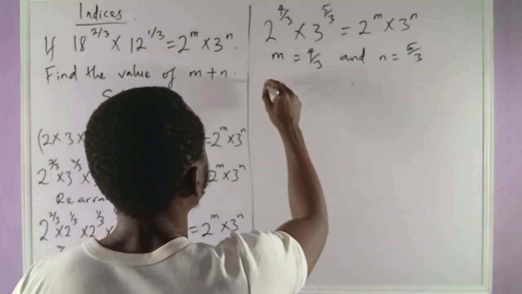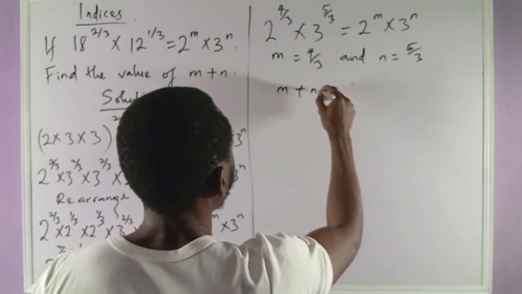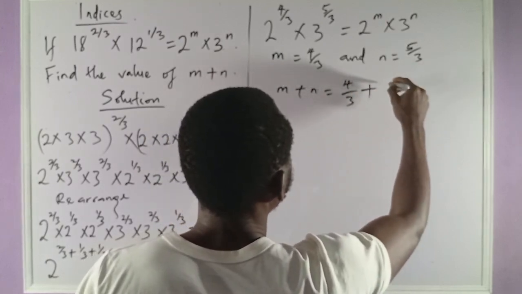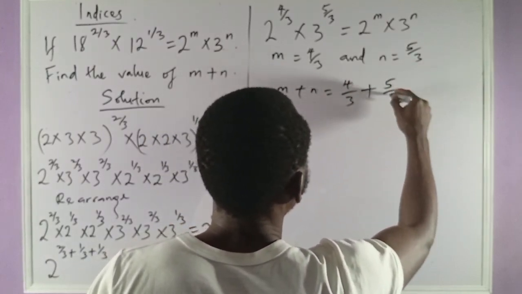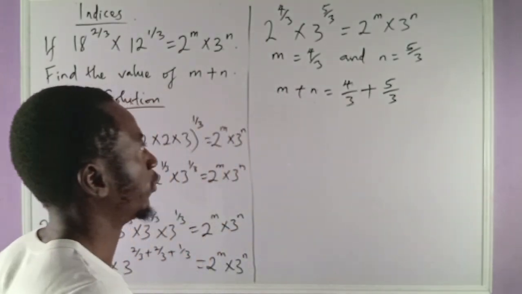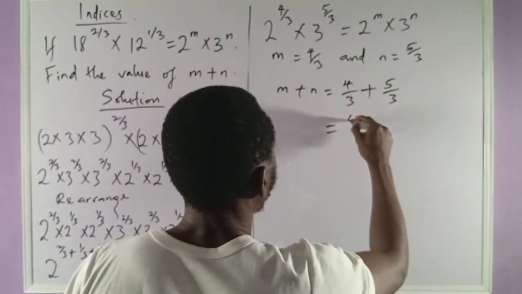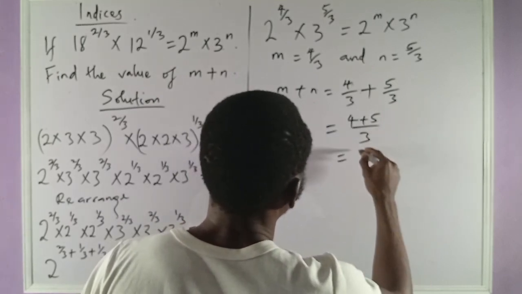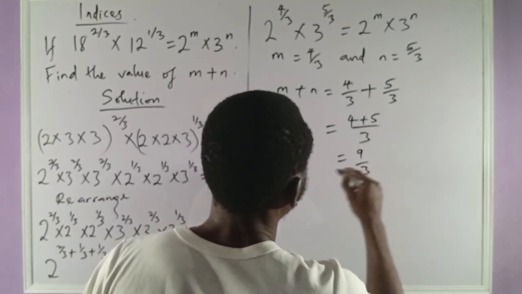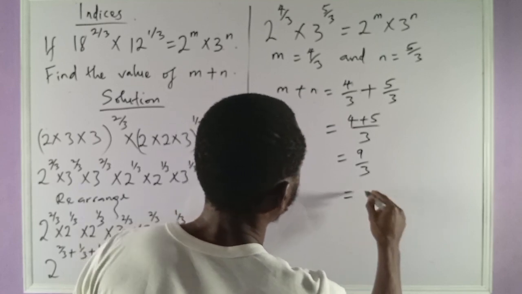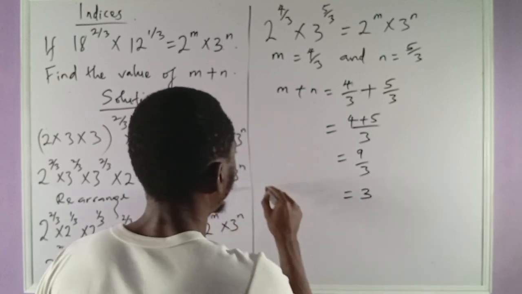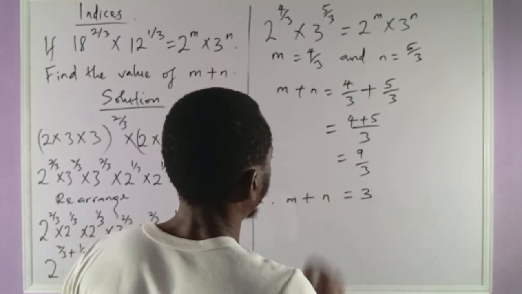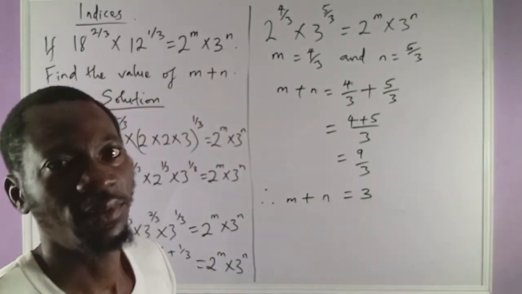So let's add together. m plus n is equal to 4 over 3 plus 5 over 3. So everything over 3, 4 plus 5, and that is 9 over 3. And 9 over 3 will give us 3. Therefore, our m plus n is equal to 3.